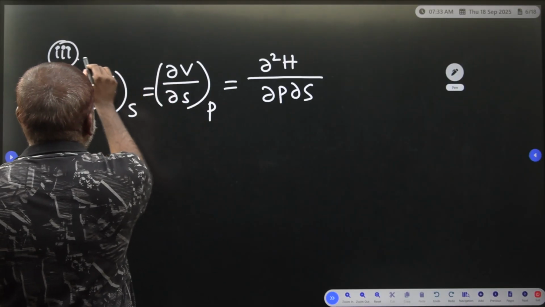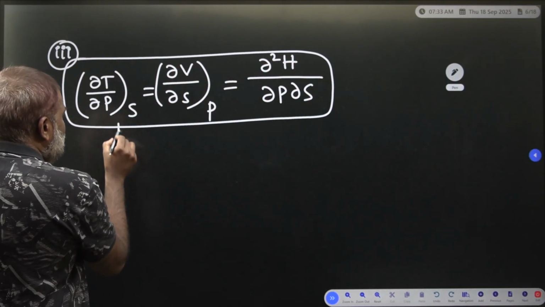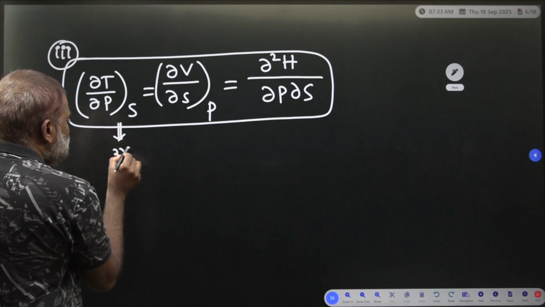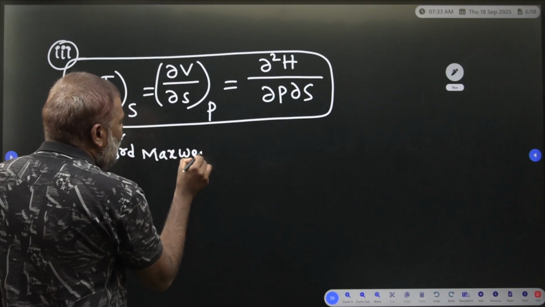This is the third Maxwell's thermodynamic relation, while taking the enthalpy.